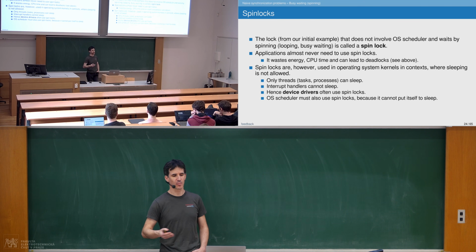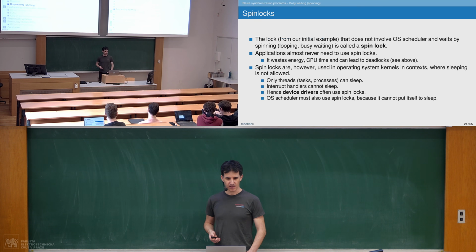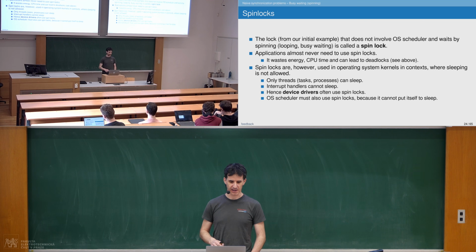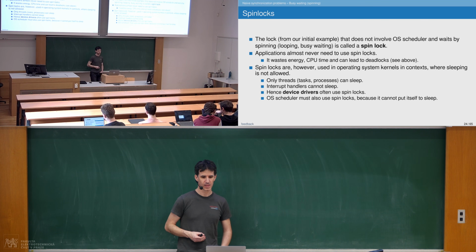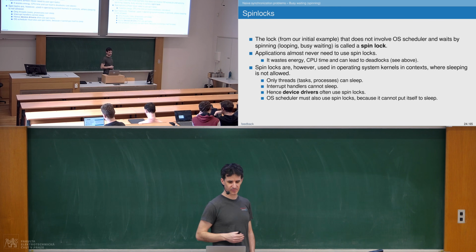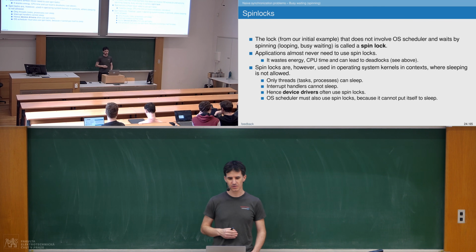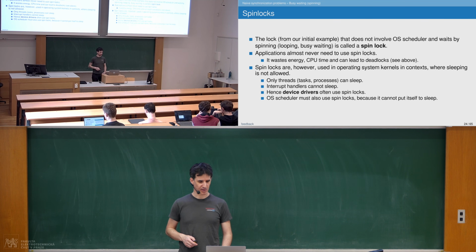For example, there are places where you cannot simply sleep, and in those cases, busy waiting is just necessary. It's so necessary that it even has a name, and this name is spin lock. But you typically never need a spin lock in an application. You just need them inside the operating system or in some very special cases.